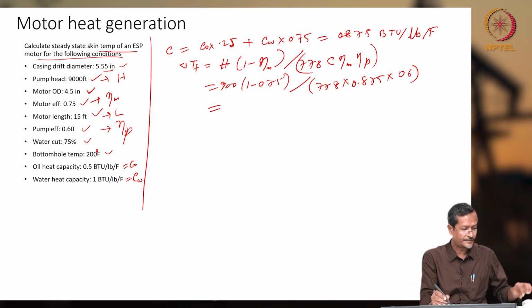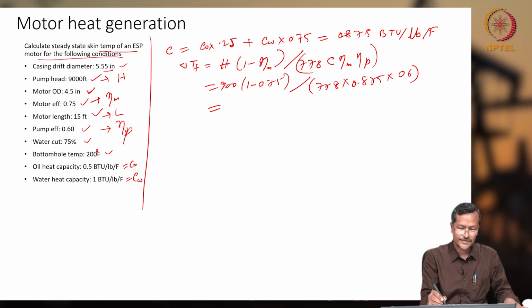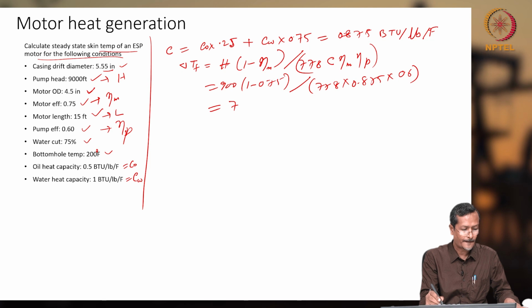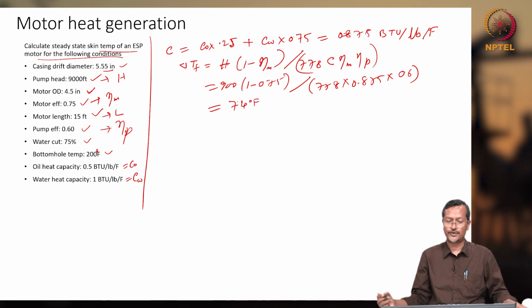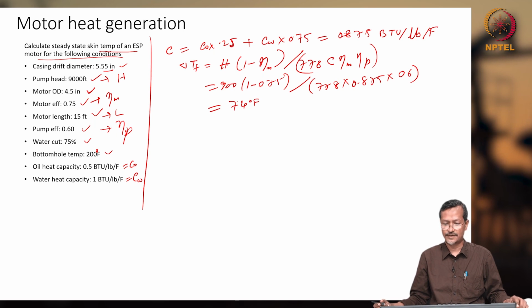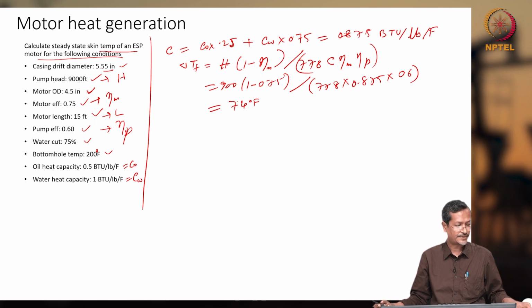This gives 7.4 degree Fahrenheit. Because of the motor efficiency, you are getting a 7.4 degree temperature increase.